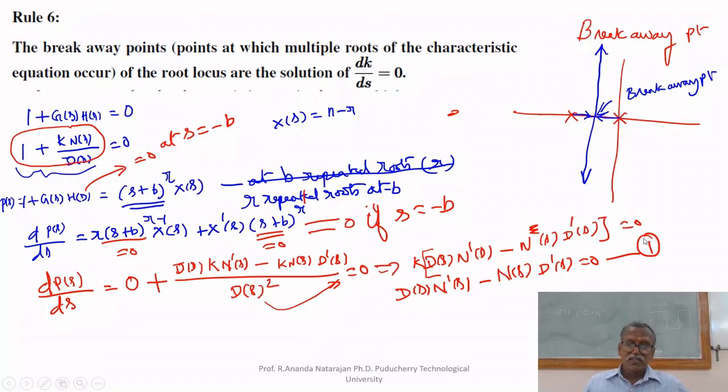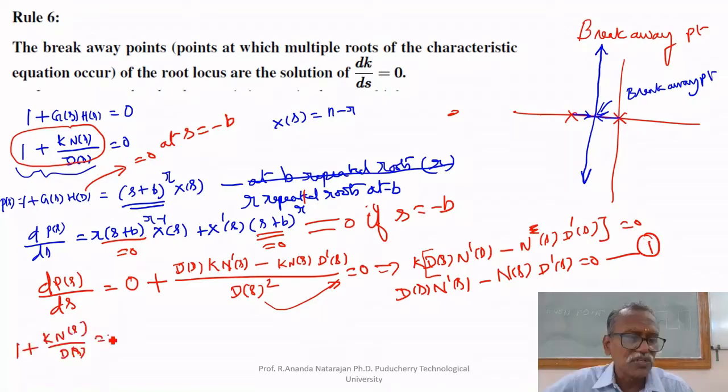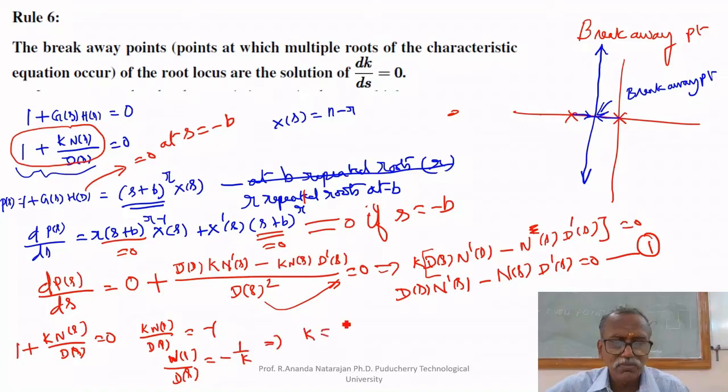What is k? 1 plus k n of s upon d of s equal to 0 means, what is k? k n of s by d of s equal to minus 1, or n of s by d of s equal to minus 1 by k, or this implies k equal to minus d of s upon n of s.